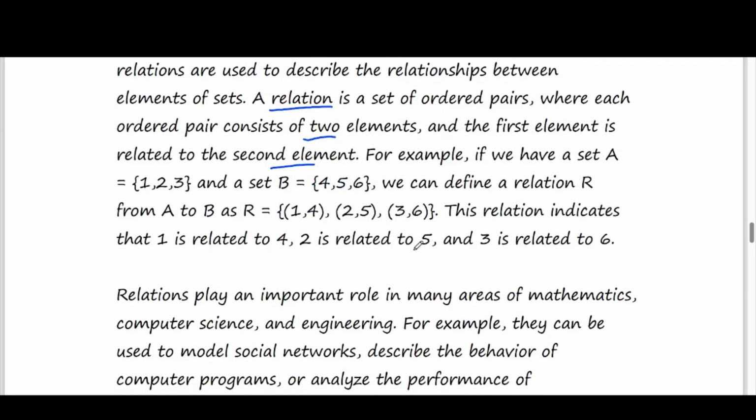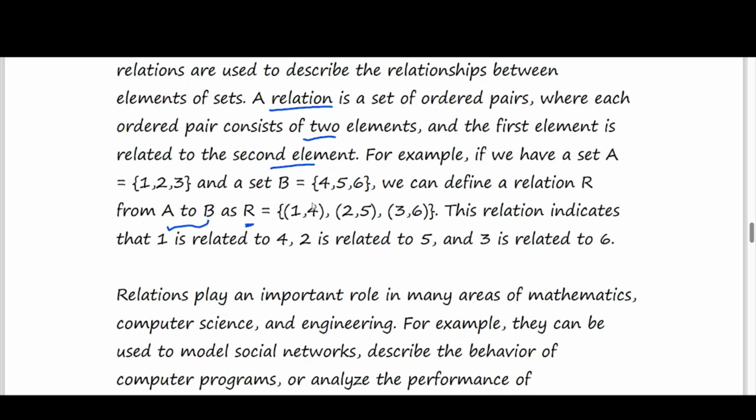For example, if we have set A = {1, 2, 3} and set B = {4, 5, 6}, we can define a relation R from A to B as R = {(1, 4), (2, 5), (3, 6)}. It simply means 1 is related to 4, 2 is related to 5 and 3 is related to 6.